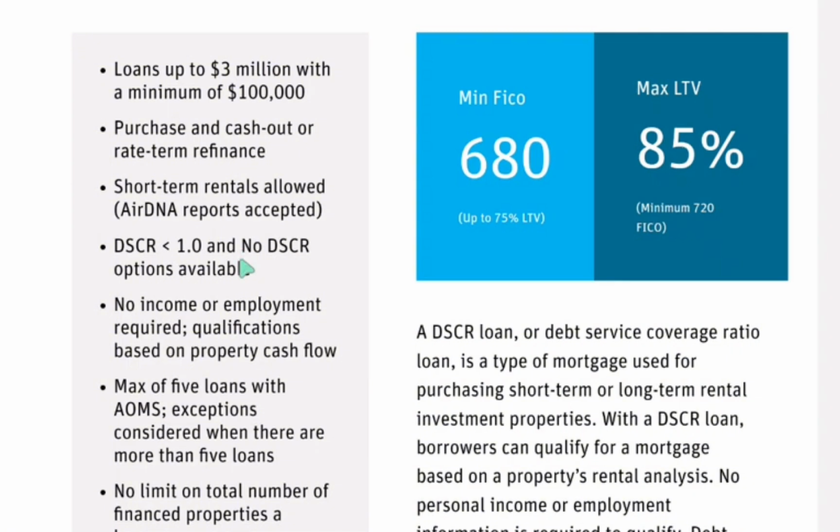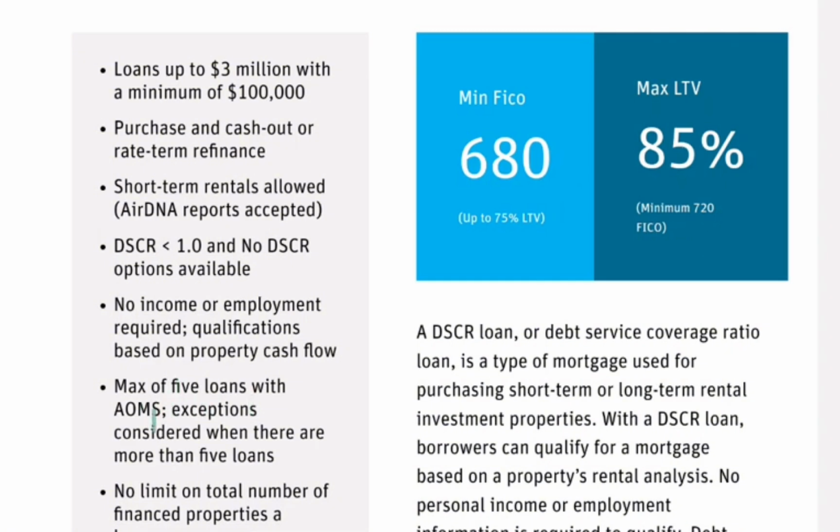It's what they call a no-ratio loan, which means all the borrower really needs is to have the down payment, credit score, and be able to close on a loan. That's it. The lender's not really going to ask for much. No income or employment is required to qualify, because we're mainly qualifying the property based off the rental income, which is also known as the cash flow of the property.